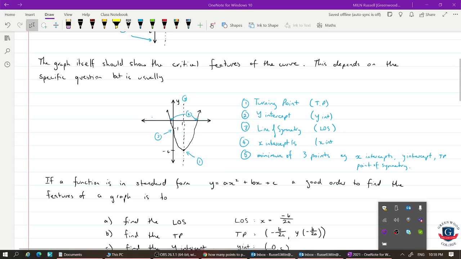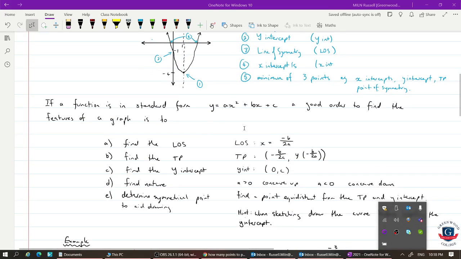So on this one we're showing the y-intercept, the turning point, and we should really show a third point, and typically it would be this point over here at (2, -1), because it's symmetrical about the axis, an easy one to draw.